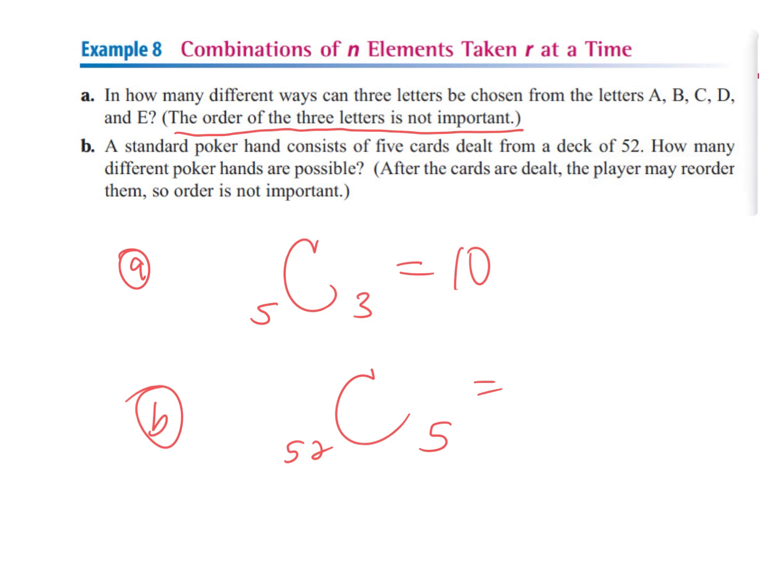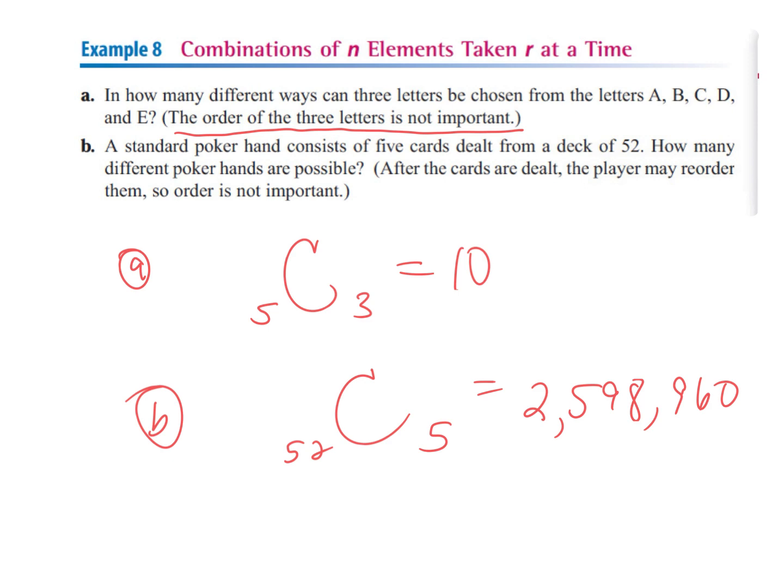What do you guys get? Say it like big kids. 2,598,960. Now, you guys are welcome to try and list those all out.